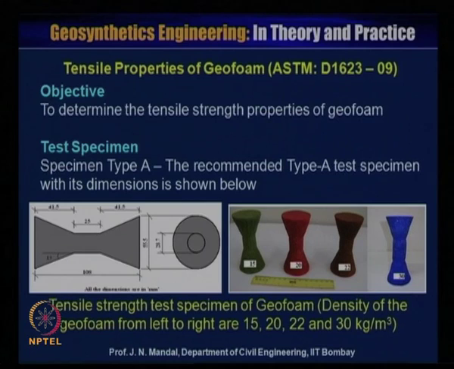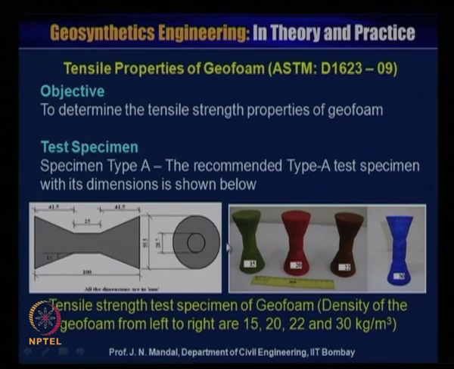Now, we will discuss the tensile properties of geofoam as per ASTM D1623-09. The objective of this test is to determine the tensile strength properties of the geofoam. Here the recommended test specimen is type A, with its dimensions as shown here.